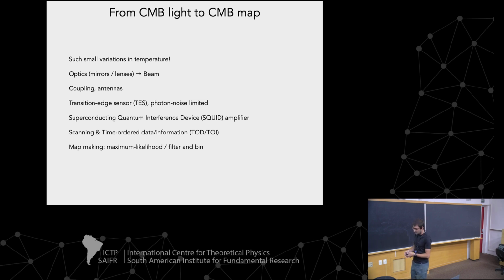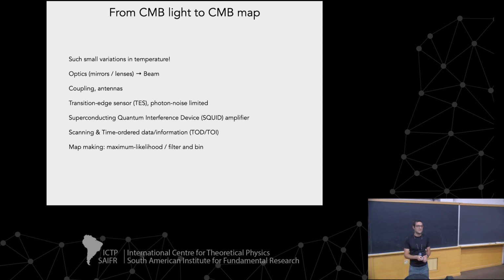Okay, so you're trying to measure these very small temperature fluctuations by observing the CMB light. The CMB light arrives to you, and the first thing that occurs in your chain is optics. Much like any other telescope in optical or other frequencies, you're trying to focus that light so that you can image it onto your focal plane, so that when you take an image with different pixels on your focal plane, you have an image of the sky.